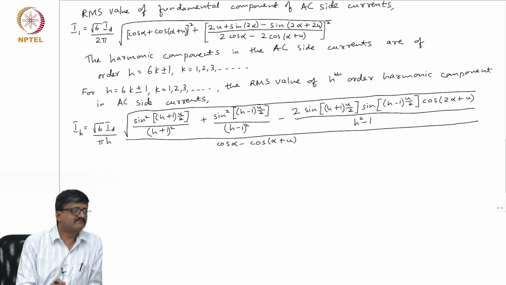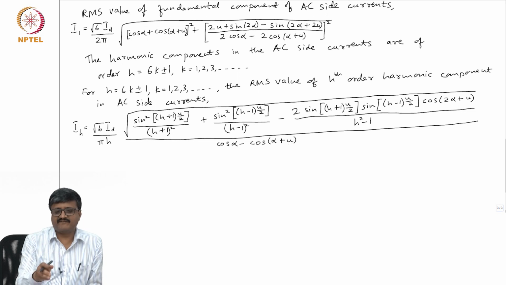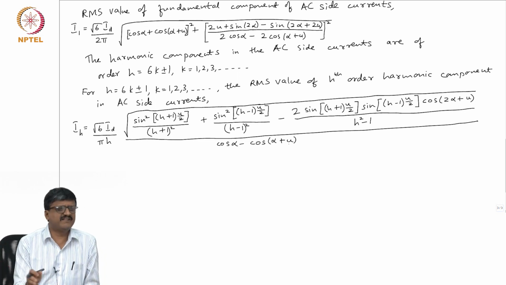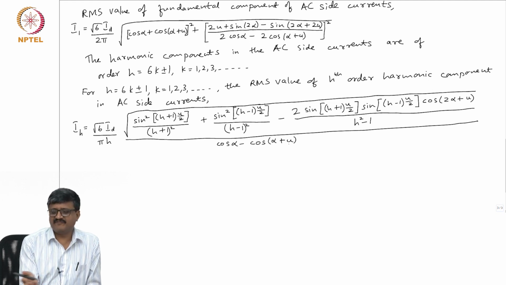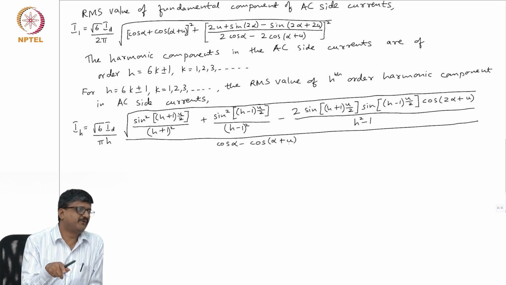Why I can't do that? I mean, that is for you to answer. In the expression for IH, actually it's obvious, there is a H minus 1. So, that is why I can't use that. So, there is some problem in using this expression for IH when H is equal to 1. Okay. So, this expression is applicable only when H is not equal to 1. So, for I1 you have to do a separate derivation.